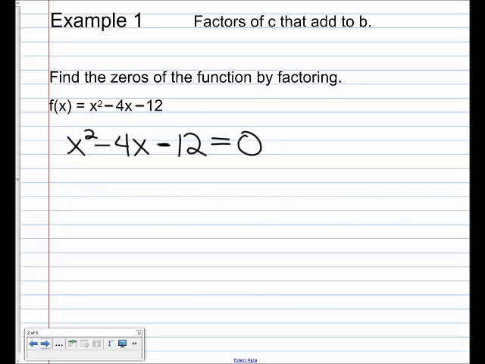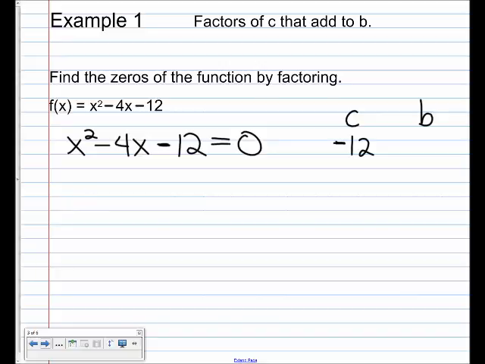Now, to factor, we're going to use the skill that we did yesterday. If you look up here, it says factors of c that add to b. Which number is c? It's negative 12.